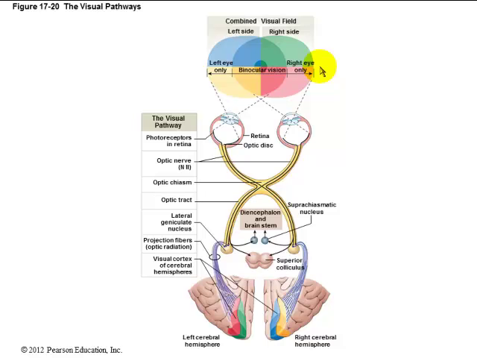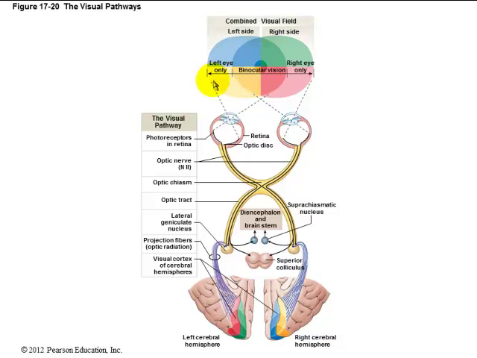On the right visual field, impulses will strike the medial side of the right eye and the lateral side of the left eye. So we want to follow the medial of one eye with the lateral of the other eye, and let's follow those pathways and see what happens. The medial side of the left eye crosses at the optic chiasm. The lateral side of the right eye does not cross.